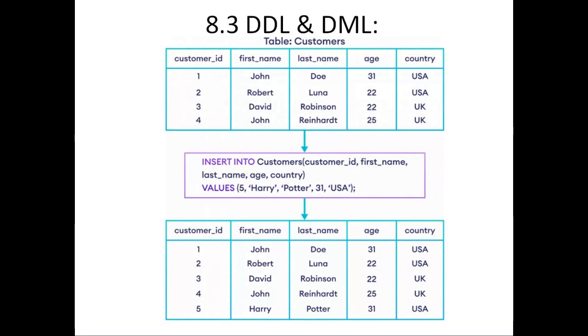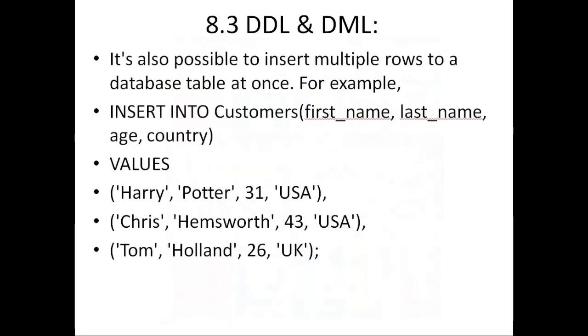It is also possible to insert multiple rows to a database table at once by running a single query. For example, insert into customers first name, last name, age, country, values Harry Potter 31 USA, Chris Hemsworth 43 USA, Tom Holland 26 UK.